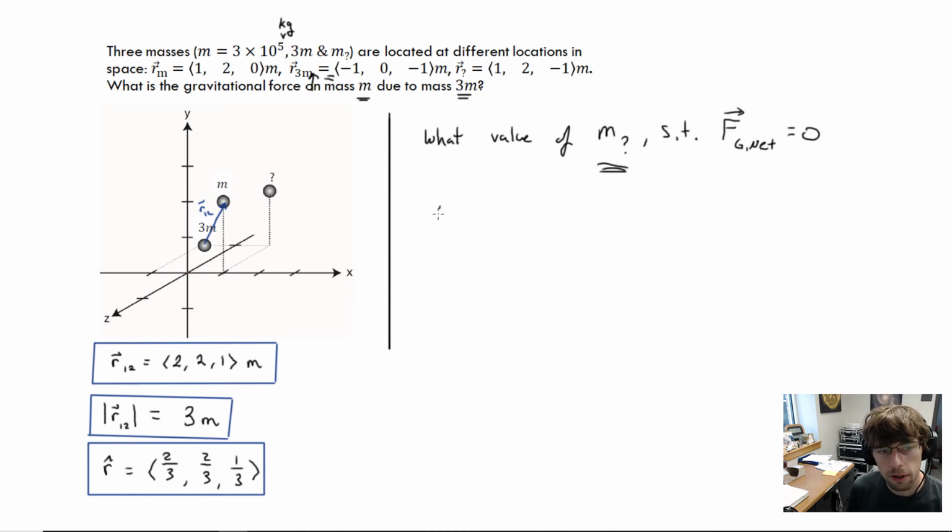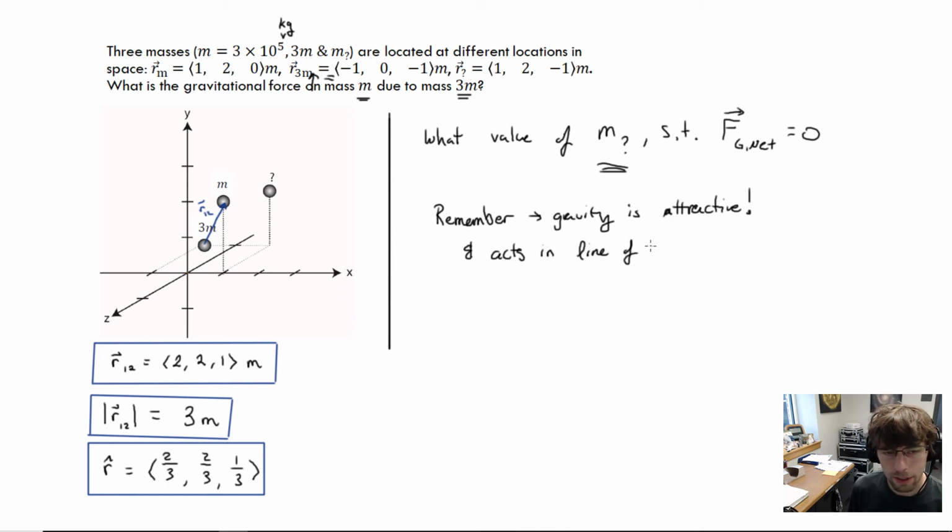Because really, remember, gravity is attractive and acts in a line.